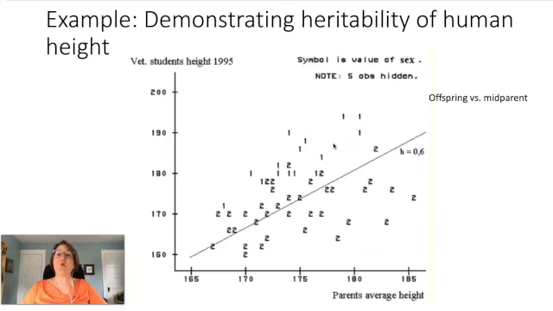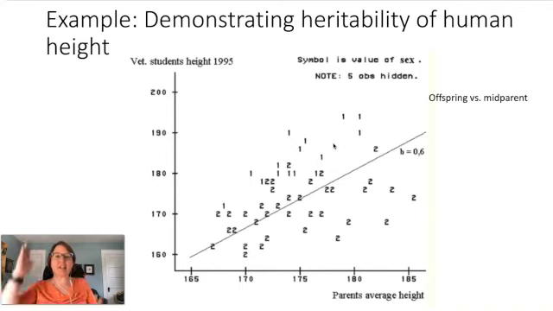These days, we can measure heritability, or the extent to which traits are inherited from parent to offspring, by looking at a population of parents and comparing the average of a parent's trait, for example, height, to their offspring's height. This is a famous study that was done in 1995 on vet students.